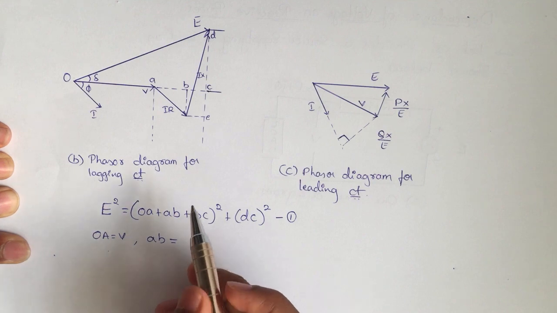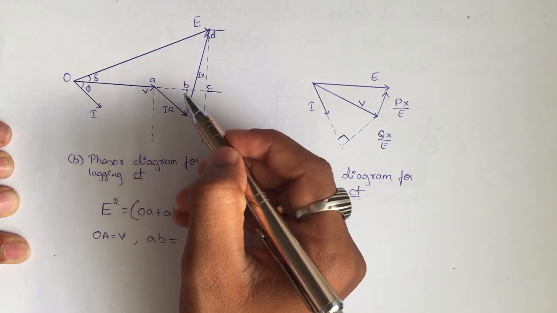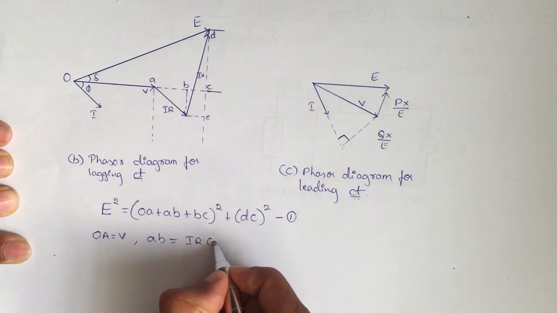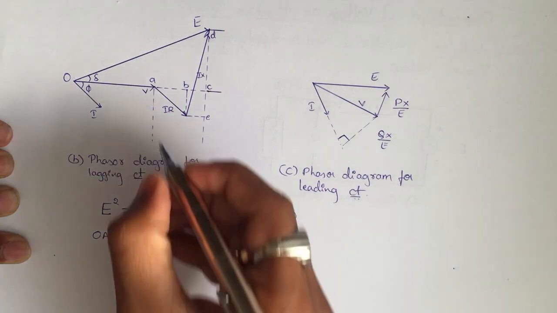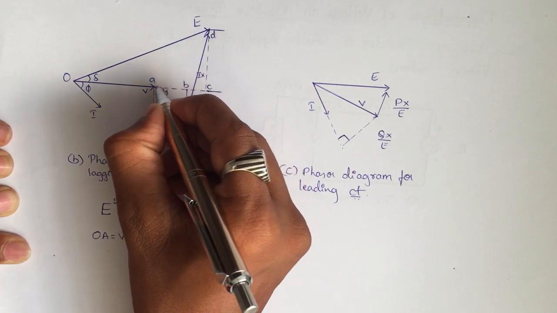is nothing but IR cos phi. The angle subtended here is phi.